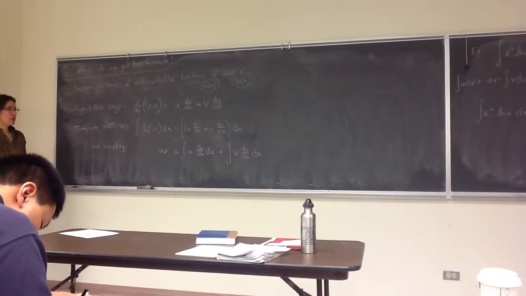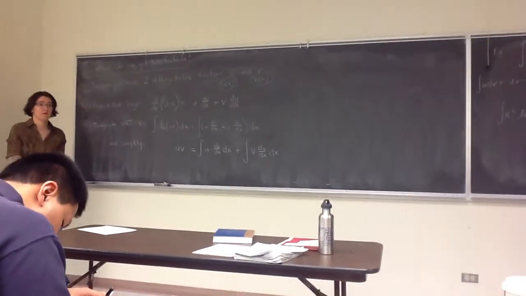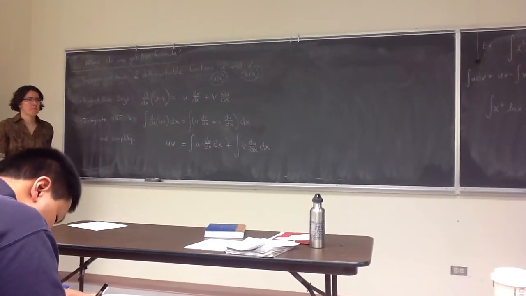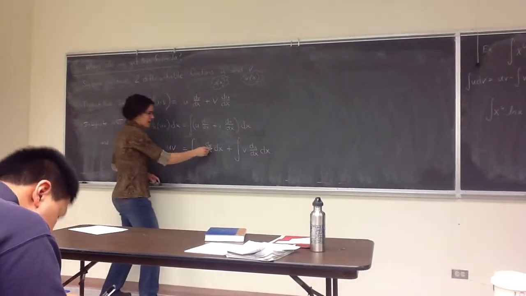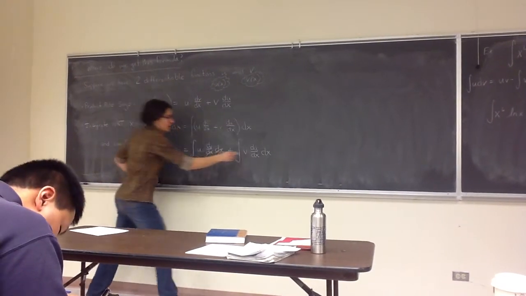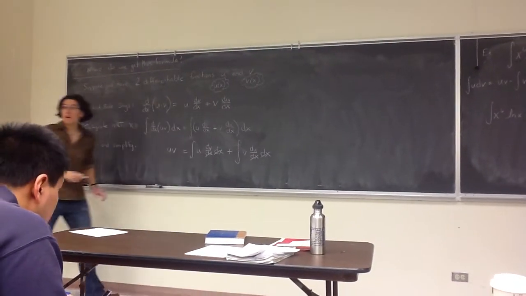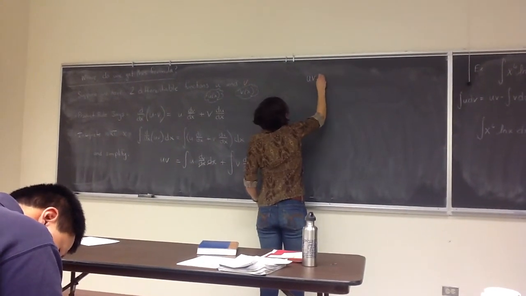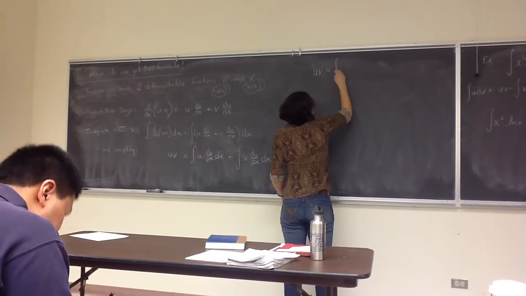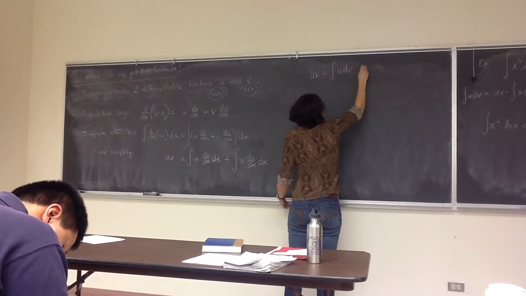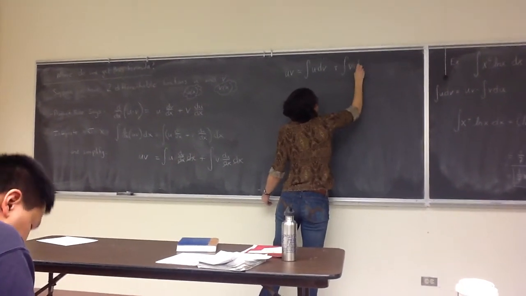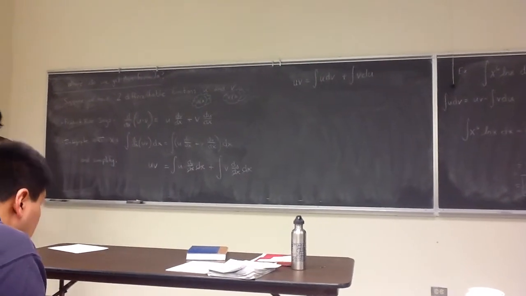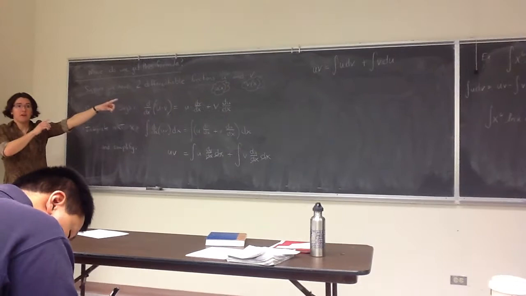Anybody see anything that we can do now to do some simplifying? The dx's? Yeah, the dx's. We've got a dx in the denominator and the numerator in both cases here. So take a look at what this leaves us with. We have uv is equal to the integral of u dv plus the integral of v du. And if you look back at that formula that we started with, this looks very similar.